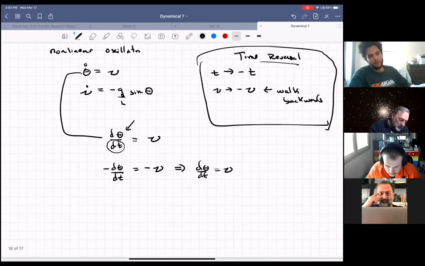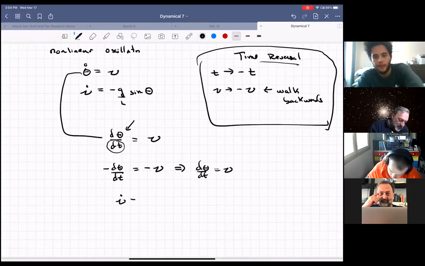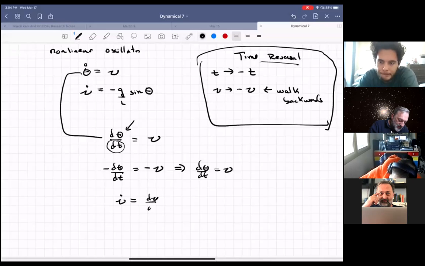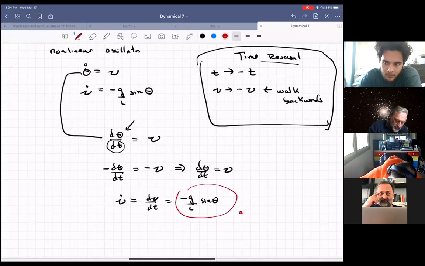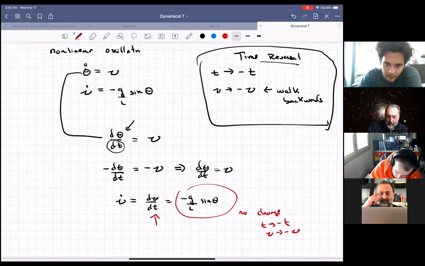So does the second equation. The second equation is nu dot, which is d nu dt, equal to minus g over L sine theta. When I do time reversal on the left side, I send t to minus t and nu to minus nu, and the two minus signs cancel off.